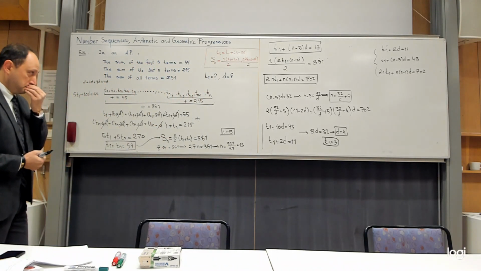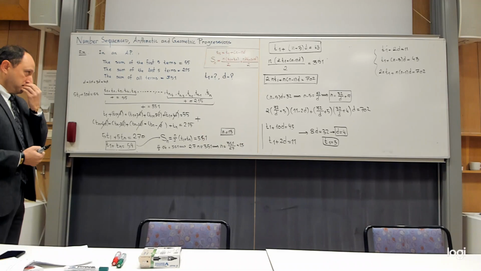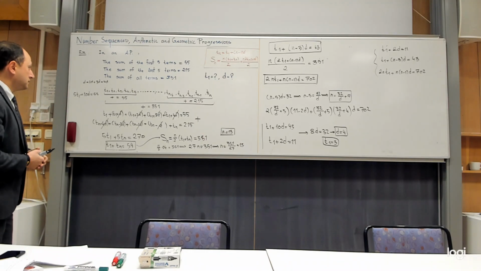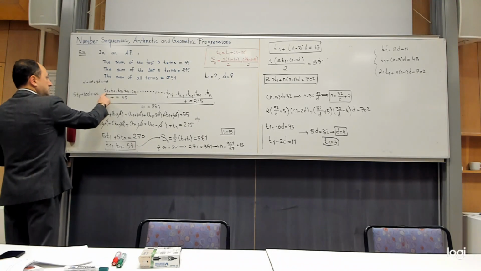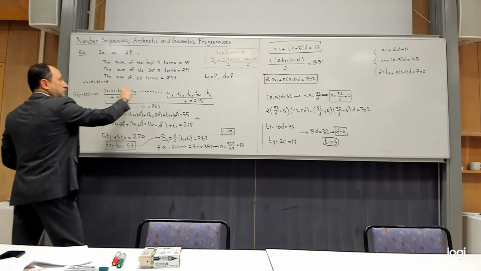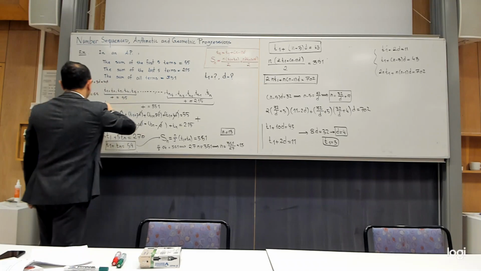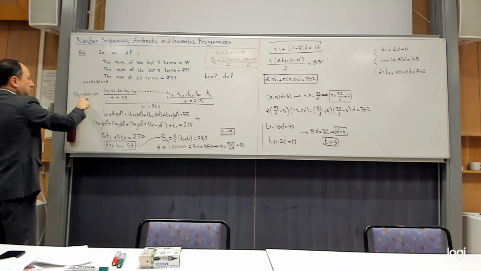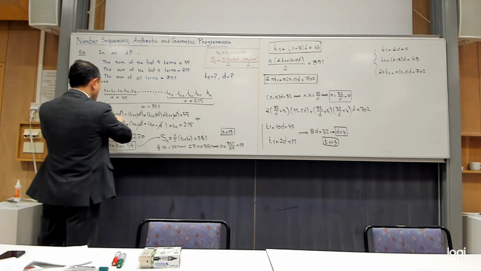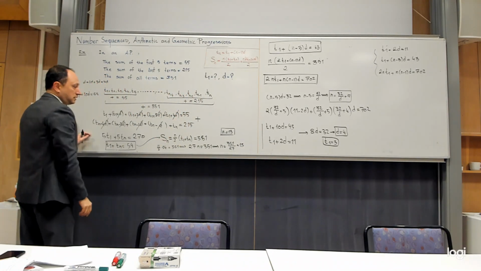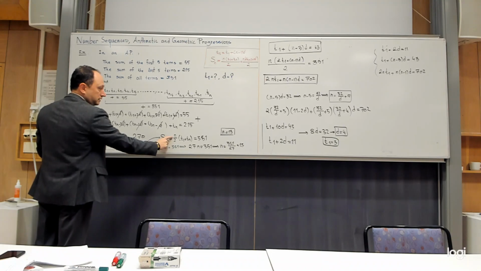Yes? Okay. But if I want to solve this, what I do, I use the sum of these terms using this formula. I get to this equation. After dividing by 5, I get this equation. And this way of doing things, I will get n. Yes?